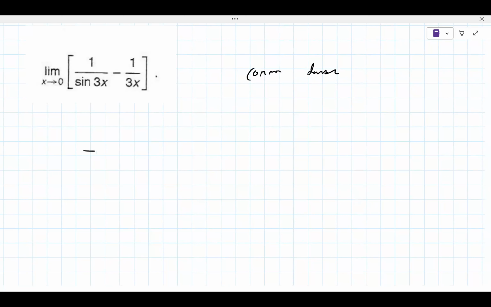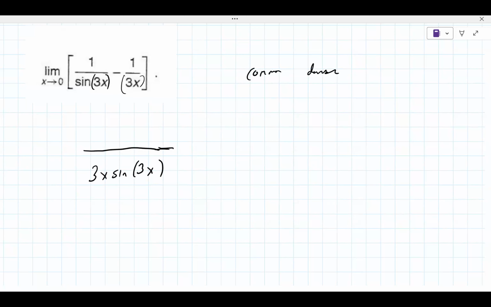You can then apply L'Hopital's rule. What would that common denominator be? It could be sine of 3x, right? That's part of it. I actually don't know how I'd find the common denominator of that. So it's the product of these.